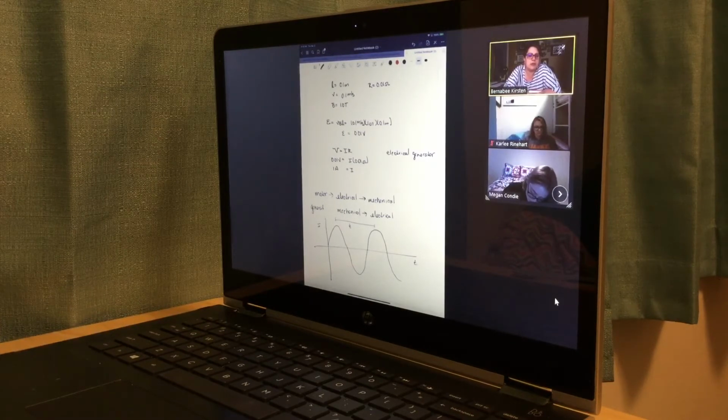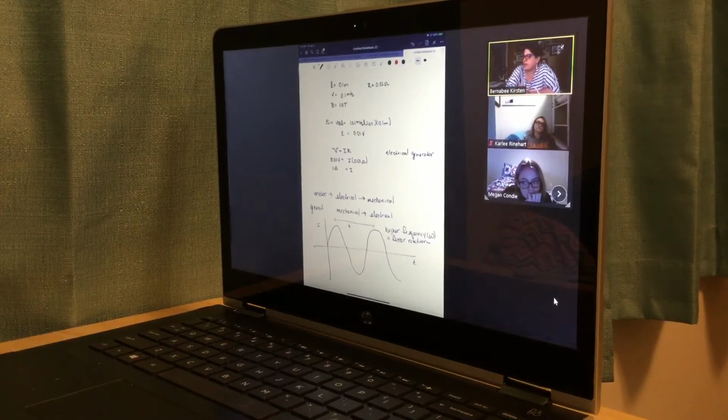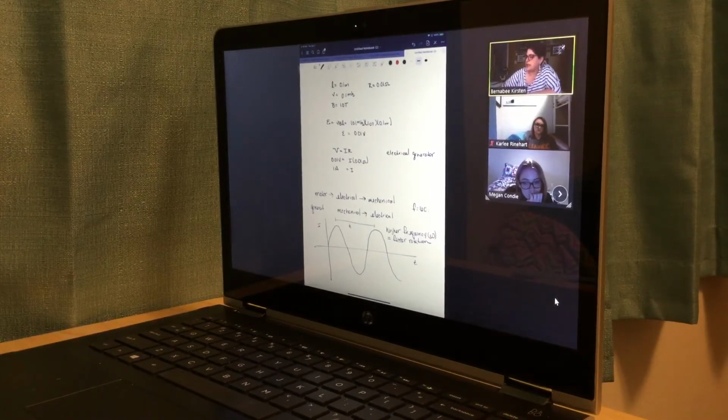The faster this rotates, the higher the frequency is. And they're both defined by omega. Most generators, most citywide generators operate at about 60 hertz, which makes omega about 377 radians per second.